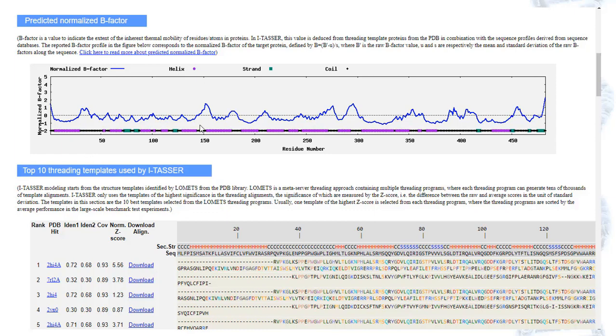As in this graph, the amino acids above this zero line represent residues that are more flexible as compared to those under this zero bar.